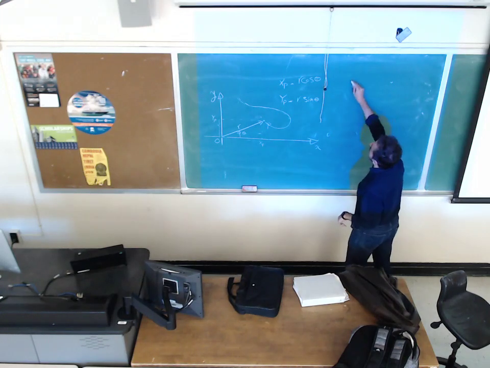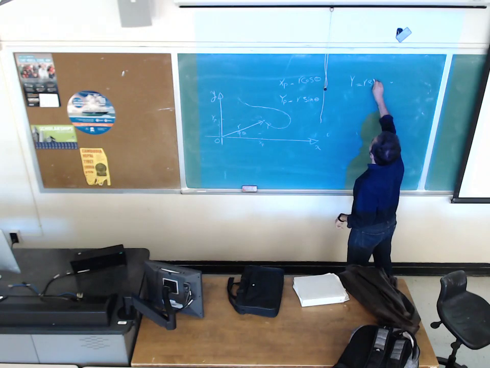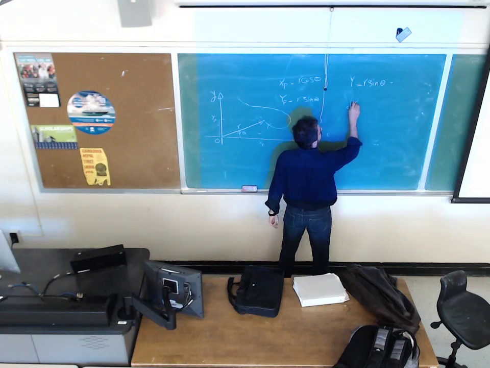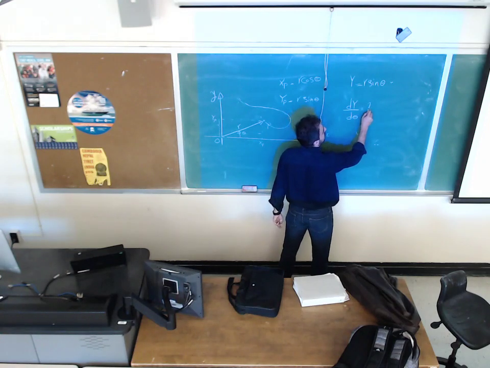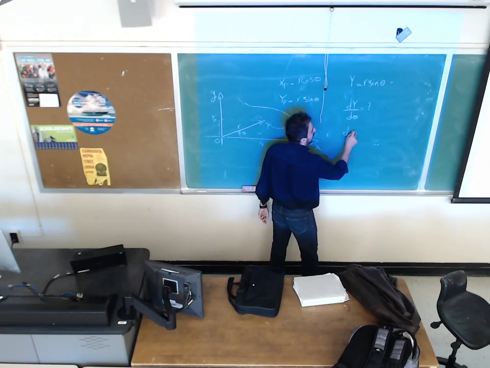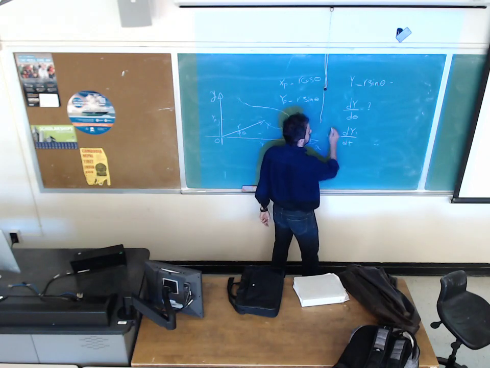So I would like to see, if y is r sine of theta, what would be the derivative of y with respect to theta? Find this for me. And how can we find the derivative of y with respect to time?